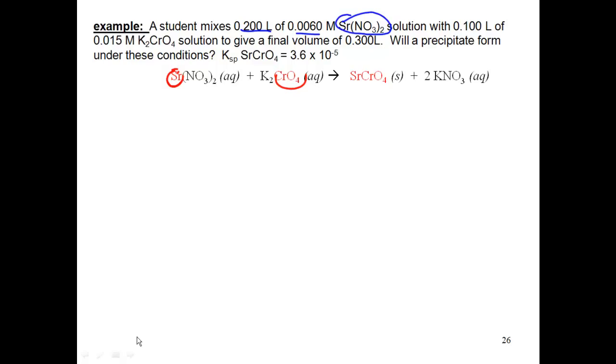Now, what if I needed the concentration of nitrate? There are 2 nitrates for every strontium nitrate, so I would have to double it. That's a 1-to-2 mole ratio: for every 1 strontium nitrate, you get 2 nitrate ions, with 2 nitrate in the numerator and 1 strontium nitrate in the denominator. It cancels out, multiply by 2.